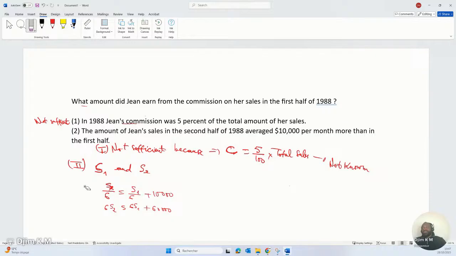So we will still have S1 and S2, not none.